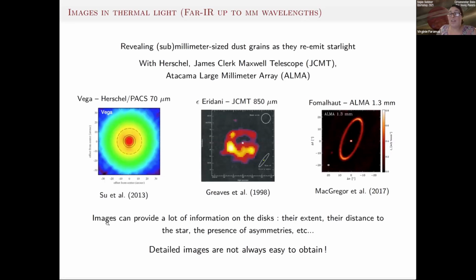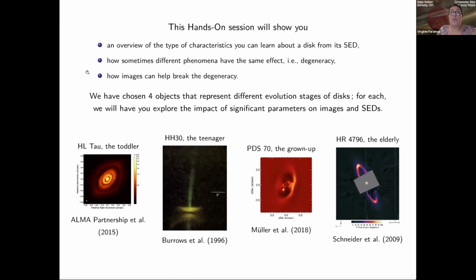So there are lots of things that you can already learn from an SED. And what we want to do is that we want you to understand what kind of information you can retrieve from an SED. And we want you to understand how sometimes different phenomena can have the same kind of effect on your SED. And this is a problem. This is not really confined to the field of exoplanets.